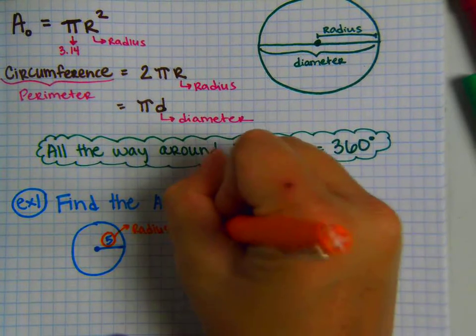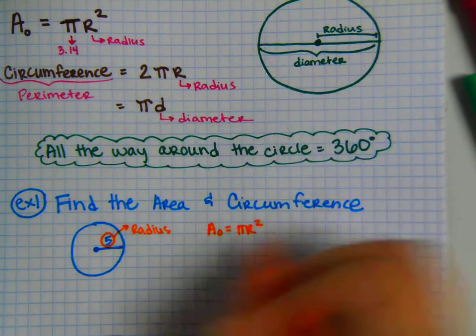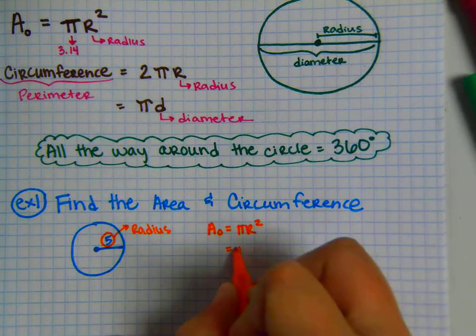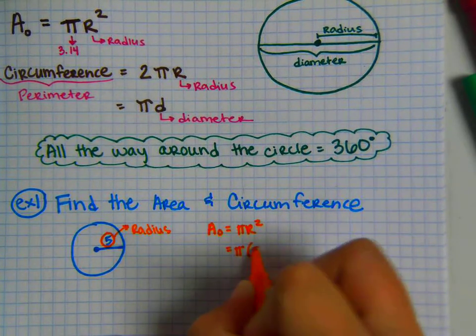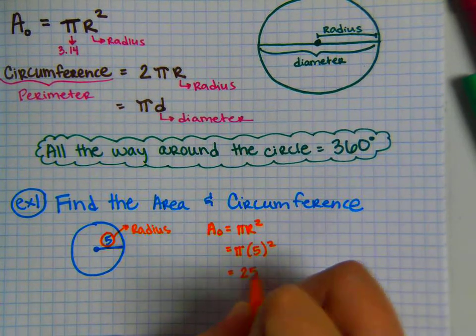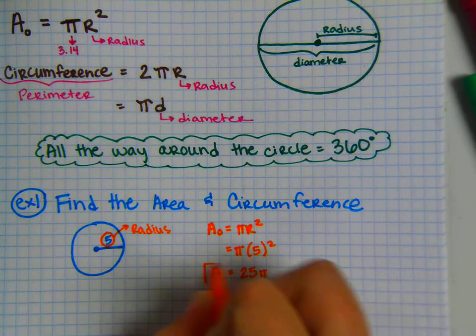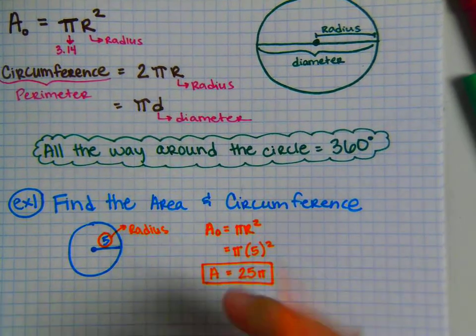The area of a circle we already know is pi r squared. So I'm going to plug in my radius. That'll be pi times 5 squared, which will just be 25 pi. We leave it as 25 pi. Leave it in terms of pi.